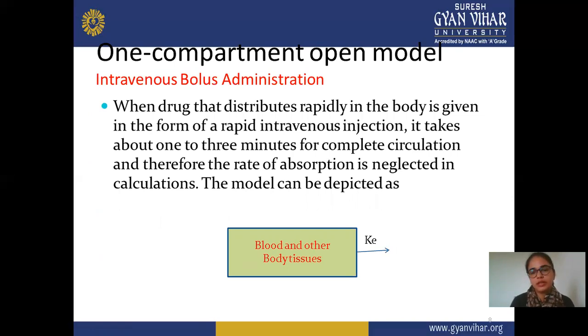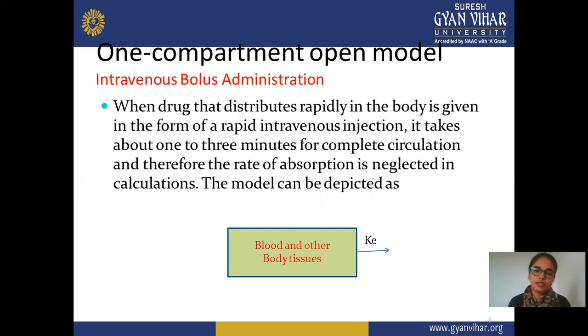This calculation is mainly for when the drug is given by intravenous injection or the IV route. The complete drug comes into circulation within 1 to 3 minutes, and the rate of absorption is neglected because it is a very rapid process.